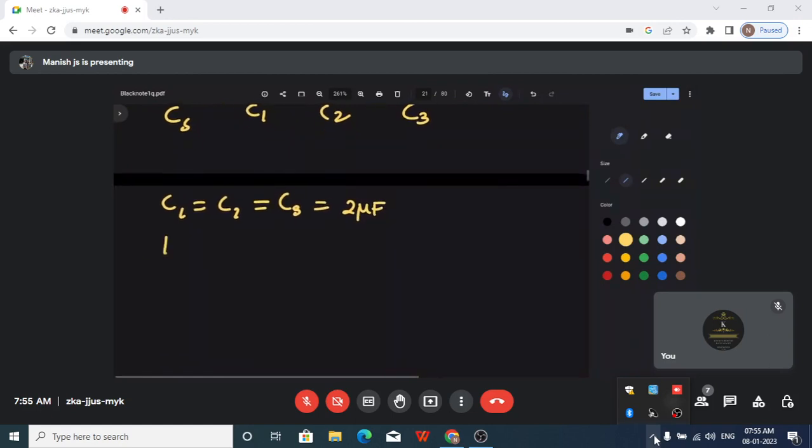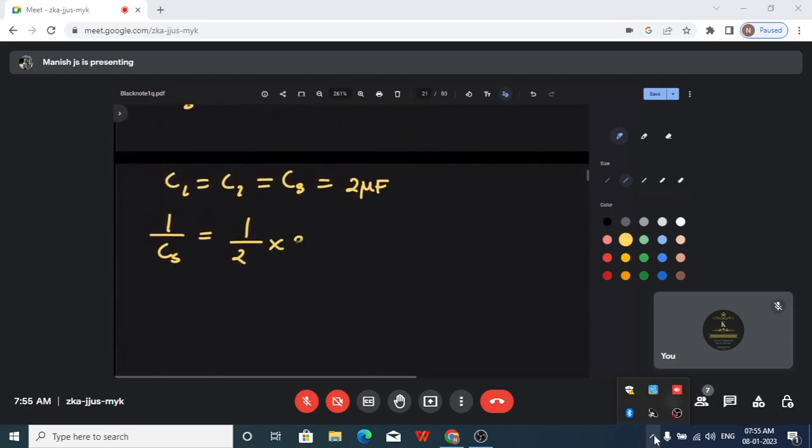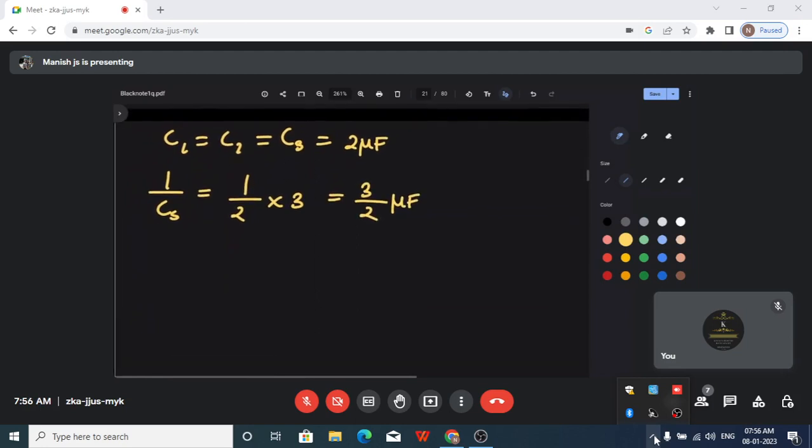Now if we substitute, we get 1/CS is equal to 1/2 plus 1/2 plus 1/2. How can I write that? 1/2 into 3. So I get 3/2 microfarad. That is 1/CS, but we wanted CS only, isn't it? So take a reciprocal, so it becomes 2/3.